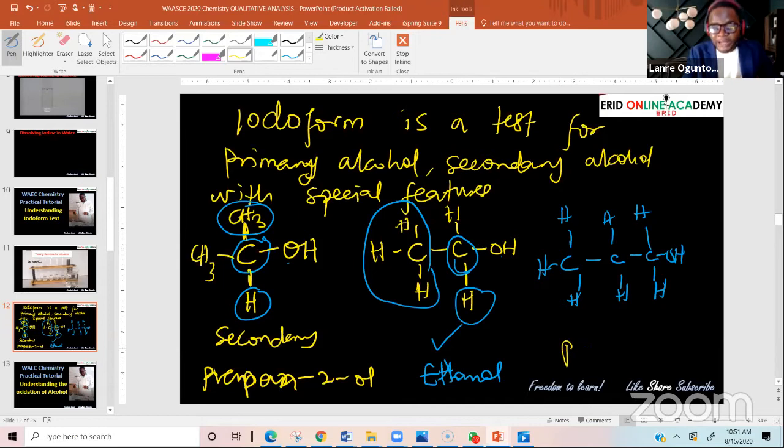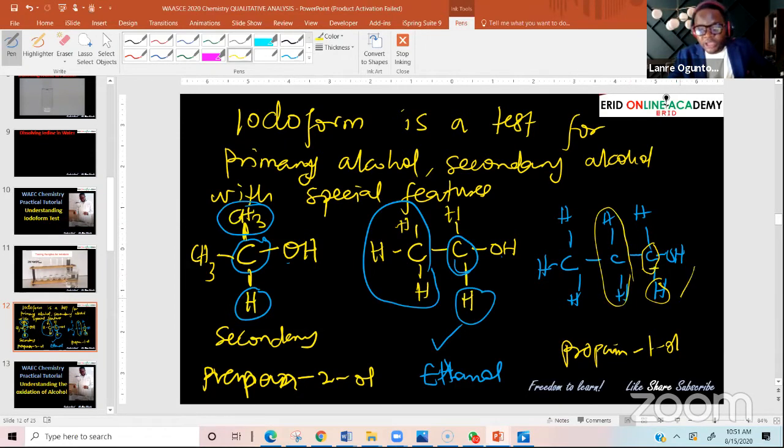It is called propan-1-ol. You can see the OH group is on the first carbon, so it is propan-1-ol. Let's check. The carbon carrying the OH here has hydrogen on it, but does not have a CH3. The best it has is a CH2. Can you see? It has a CH2. So this will not give us a positive test with iodine.